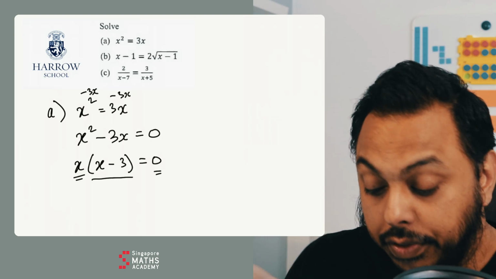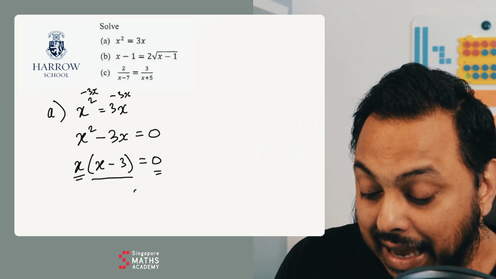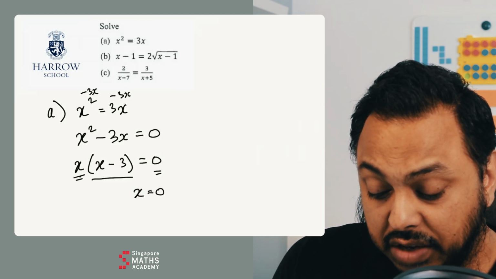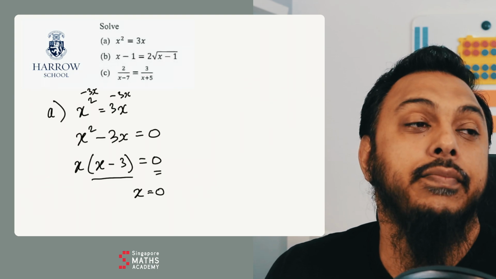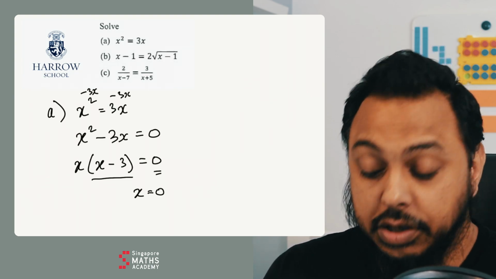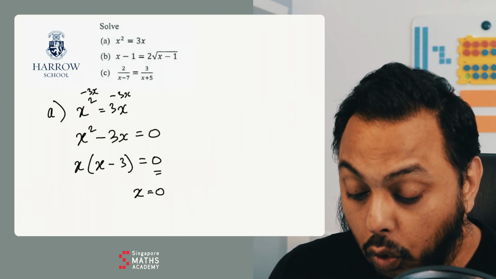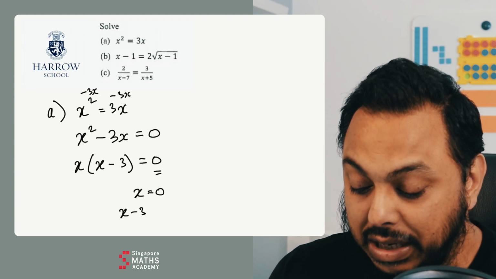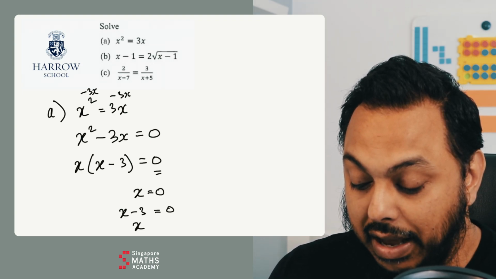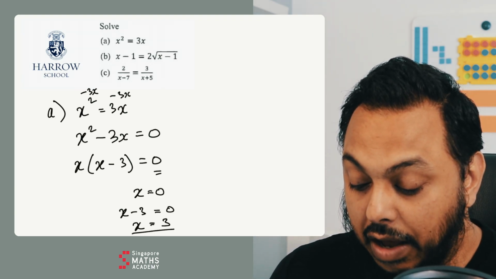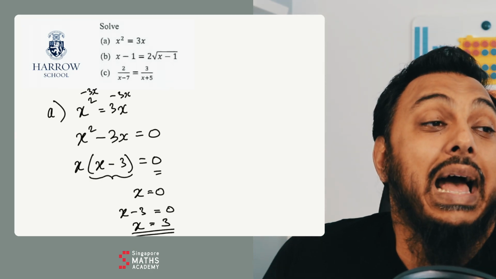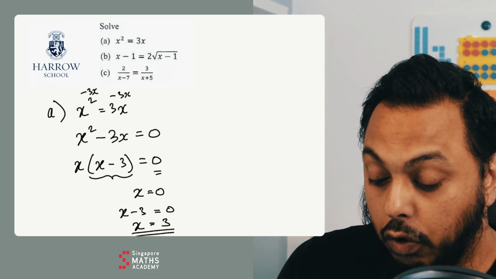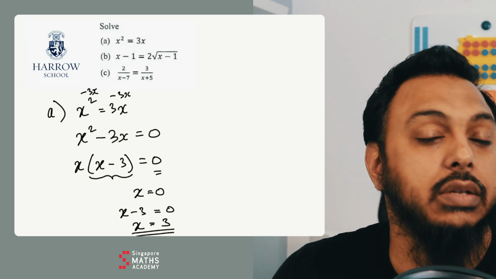So I can say x is equal to 0, because if this x is 0, whatever's in the bracket doesn't matter, because you're going to multiply by 0 and that gives me 0. Or x take away 3 is equal to 0, and therefore x is equal to 3. Now if x equals 3, then 3 take away 3 is 0, and therefore you're going to have 0 overall, because 0 times anything is 0.